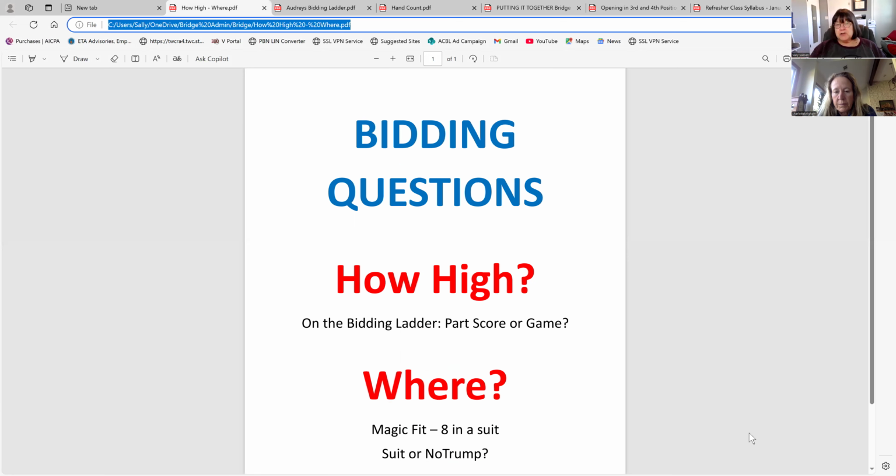Should we be in a suit? And if we are in a suit, do we have the magic fit where we've got 8 cards between us in a suit? And should we be playing in a suit, or should we be playing in no trump? Those are the bidding questions that we're trying to answer as we go back and forth in the bidding.